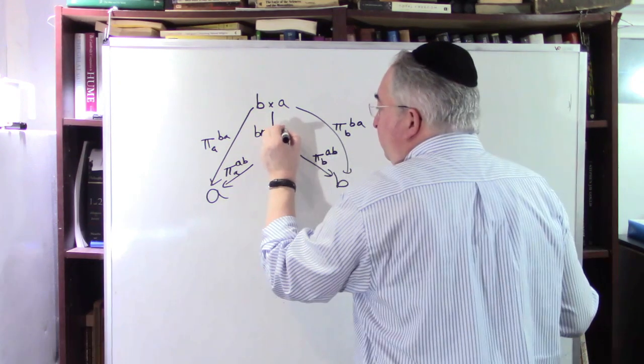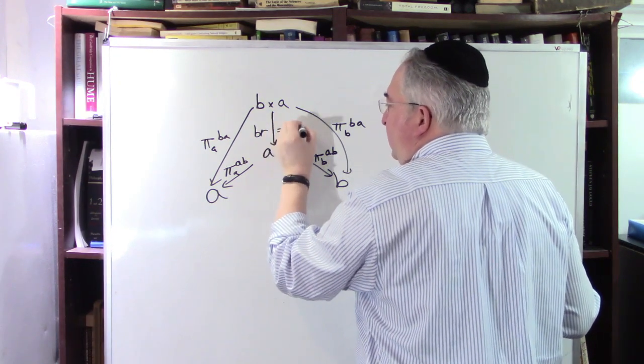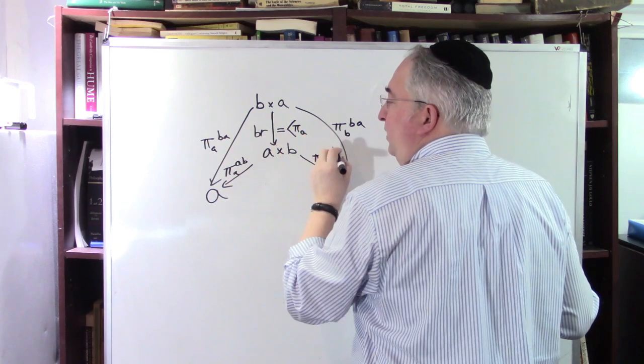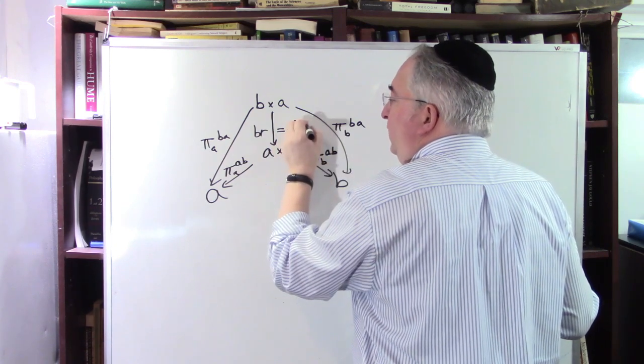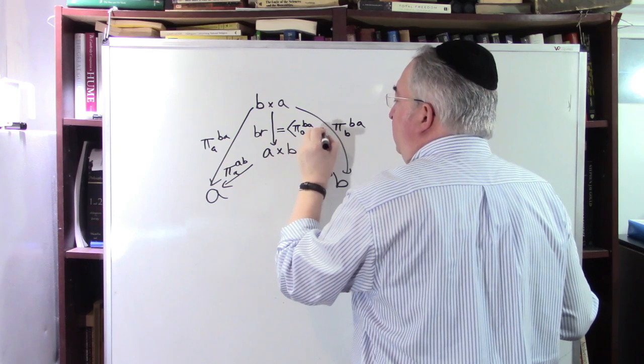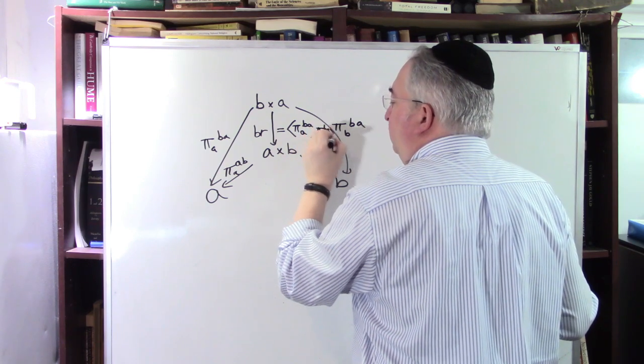But let's just be very formal with what it is. It's pi of A, BA, comma, pi of B, BA, bracket.